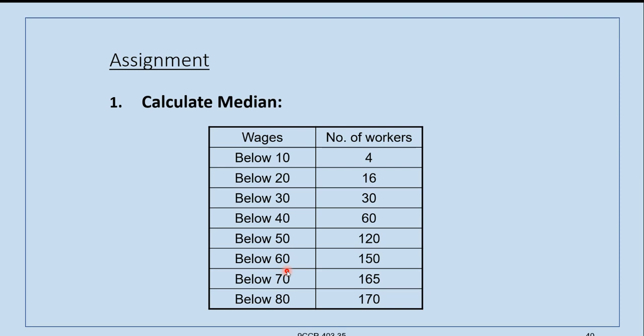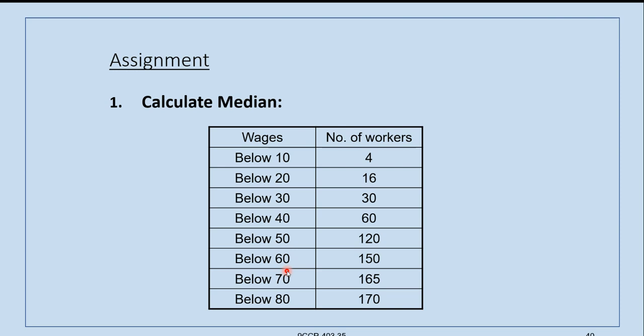First problem is a less than cumulative frequency problem. So you have to convert the class interval and cumulative frequency, and then calculate the median. For your benefit, I will convert the class interval. Below means anything below 10, so the lower limit will be 0.